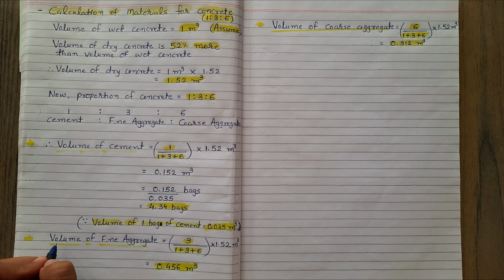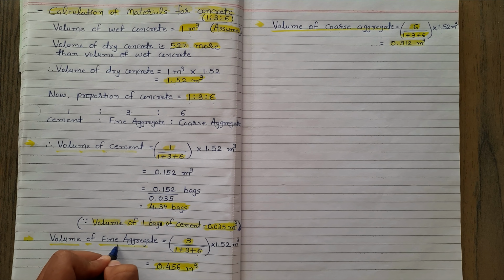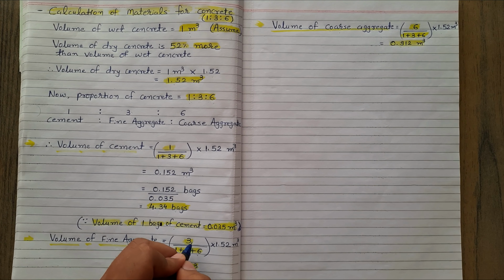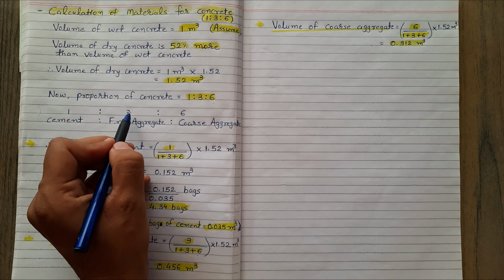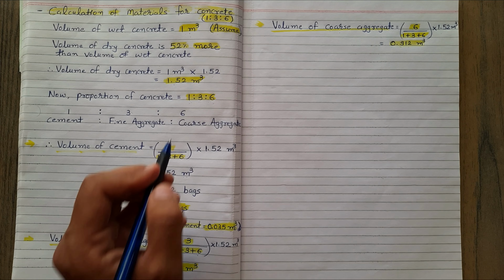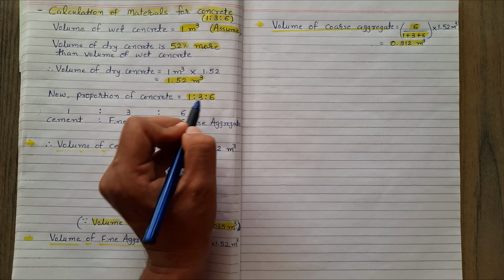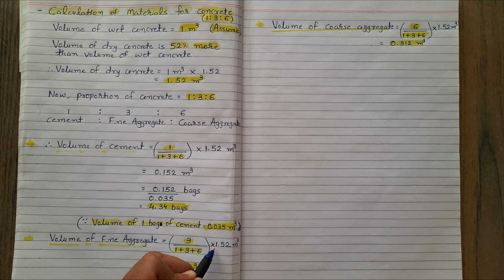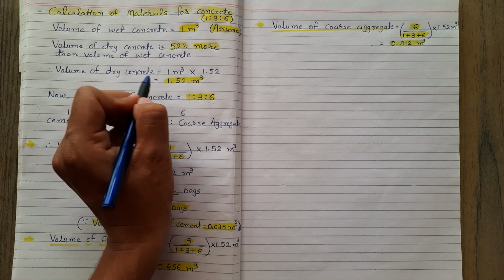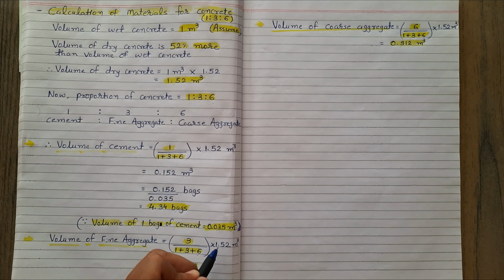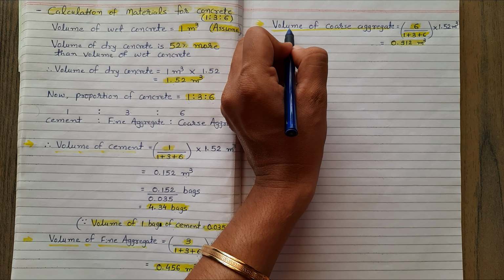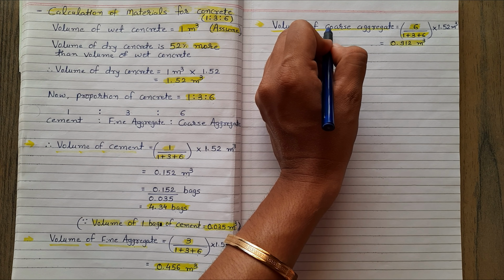Now next is the volume of fine aggregate. The part of fine aggregate is 3, divided by total parts 1 plus 3 plus 6, into the volume of dry concrete 1.52. You will get 0.456 meter cube. Next, the volume of coarse aggregate.